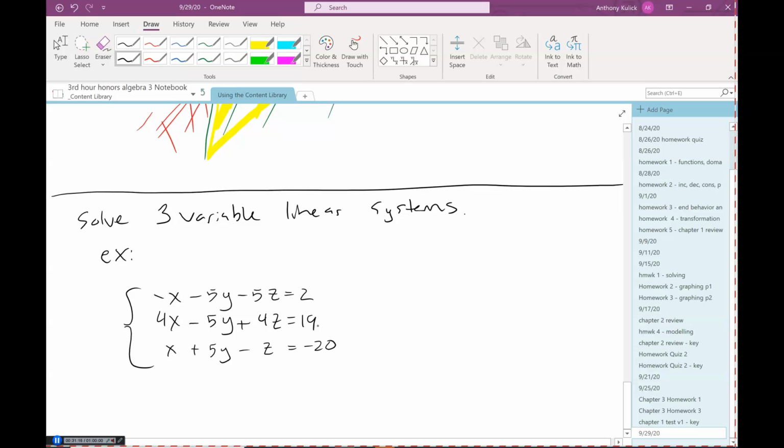So just as a heads up, when I'm writing the variable z, I'm always going to put the bar through the middle of it, because I acknowledge that my z's and my 2's look almost identical without it. So just keep in mind that my z's have the bar through the middle, my 2's do not. If you get rid of the bar, could you tell the difference between a 2 and a z?